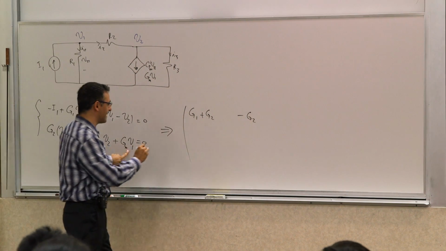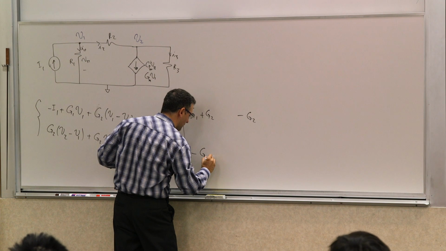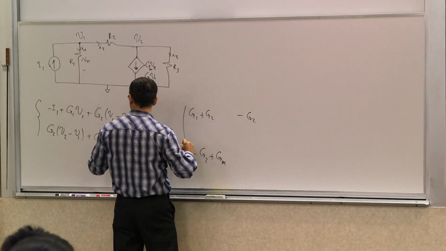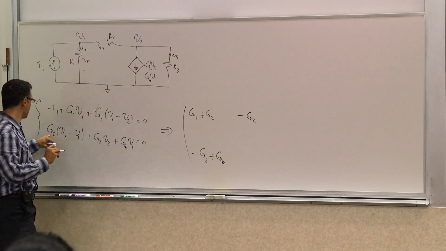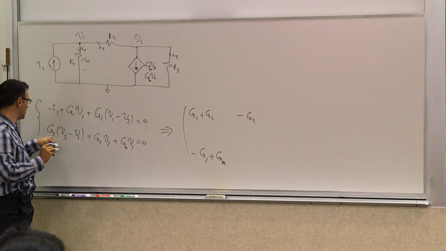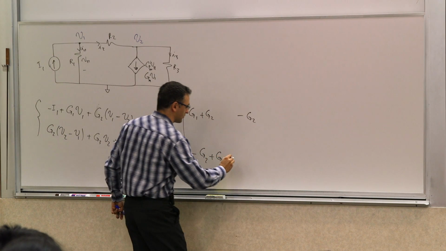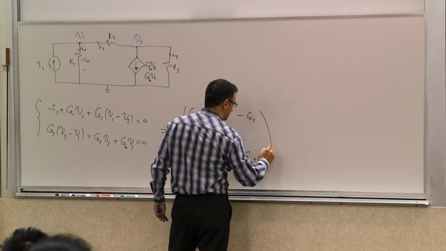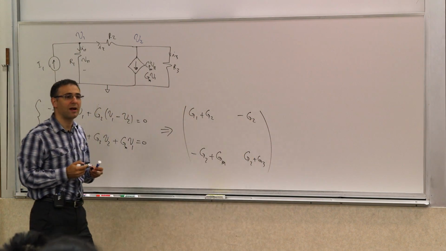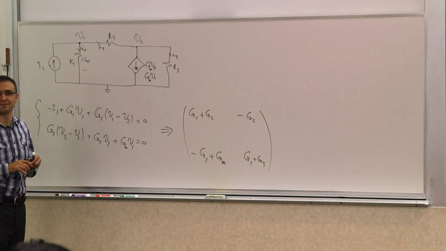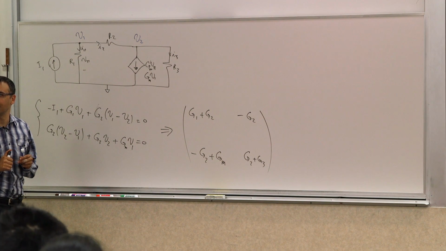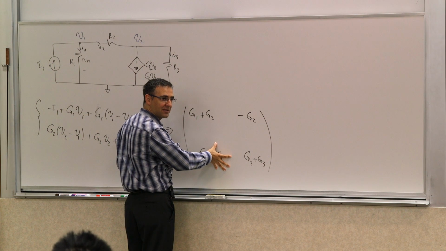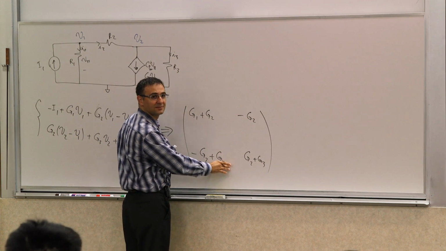So I get negative G2 plus GM. And for V2, I get G2 plus G3. So you can see now that the Y matrix becomes asymmetrical when you have dependent sources. It's essentially that old Y matrix, but it has this extra term here.